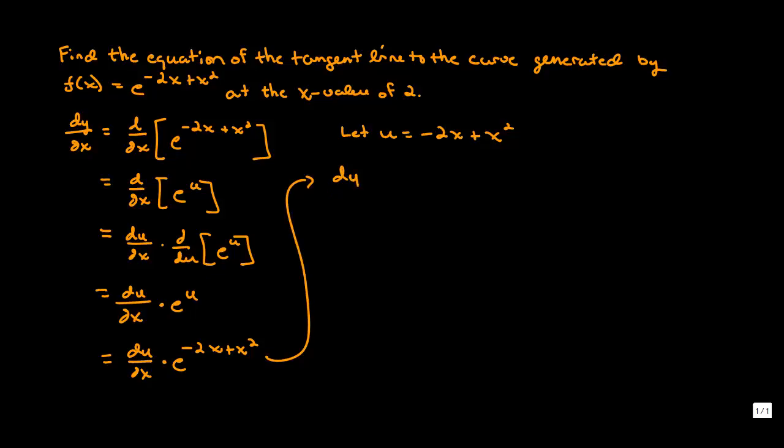So we have dy dx equal to, now, u prime, or du dx. You know what, let's erase this. We'll get a little bit more room here. So du dx is the derivative here of this right side.